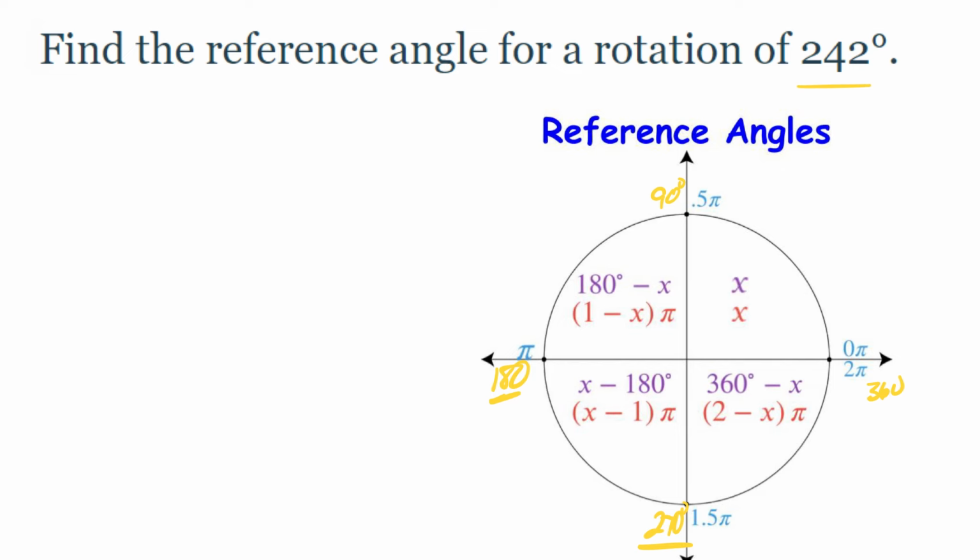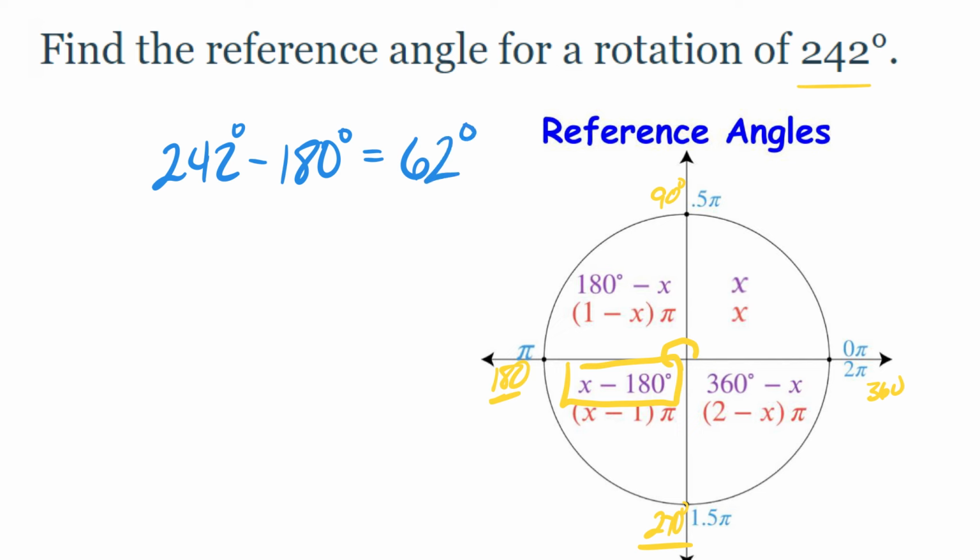So from here, our rotation will put us in that 3rd quadrant. We are dealing with degrees, so our angle measurement, 242, minus 180 degrees gives us a reference angle of 62 degrees. And that is an acute angle, so that would be our reference angle.